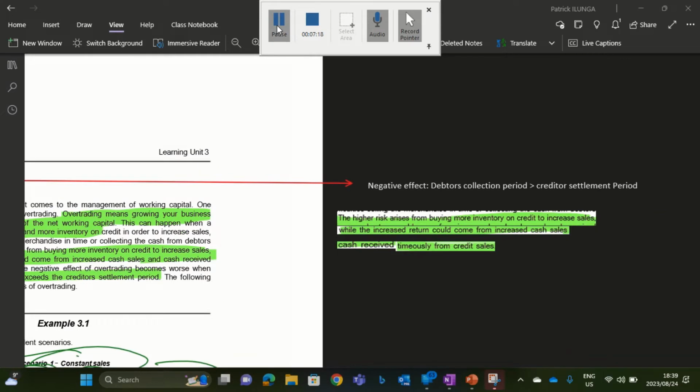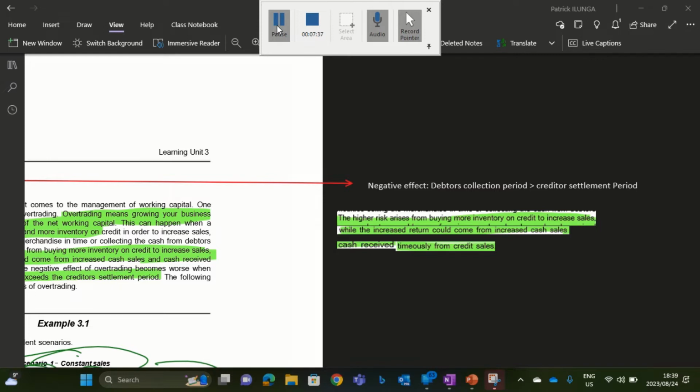And in practical terms, we can see what that negative effect is. And you as a student should be aware because we spoke again in learning unit 2 about the debtor collection period.